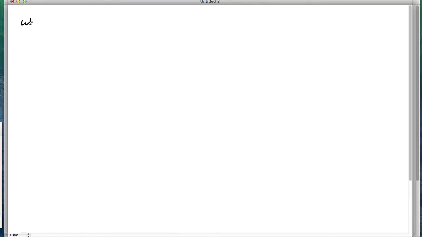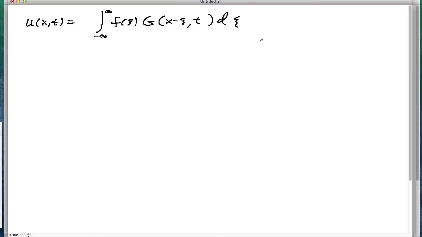So I'm going to write down our result like before. U of x comma t is equal to the integral from negative infinity to infinity of f of c times g of x minus c comma t dc.